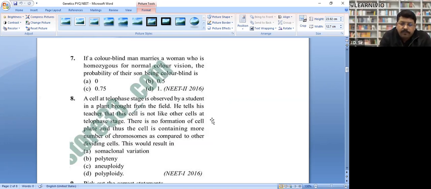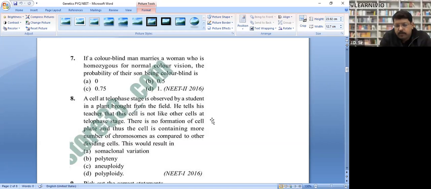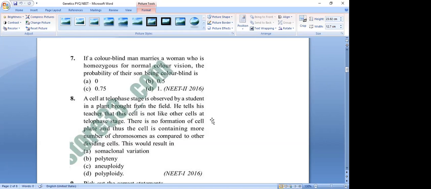And what about it if, in place of son, it would be a daughter? Then what is the probability? Suppose in place of son, there would be the term daughter. Then what will be the answer? 0.75.